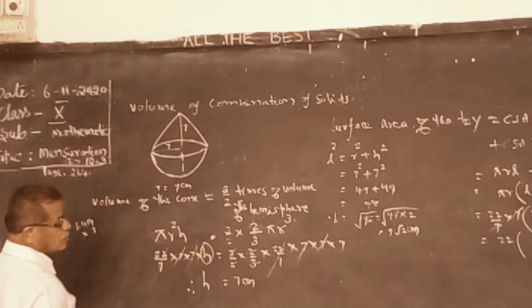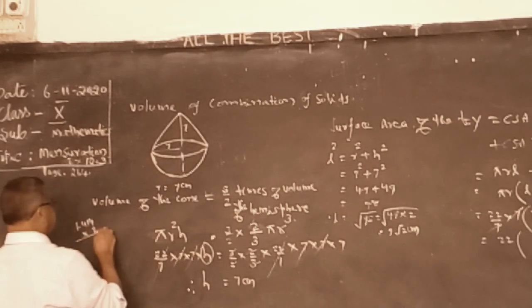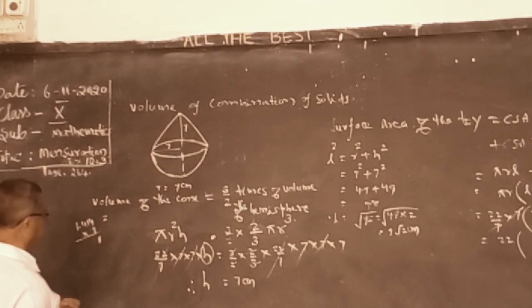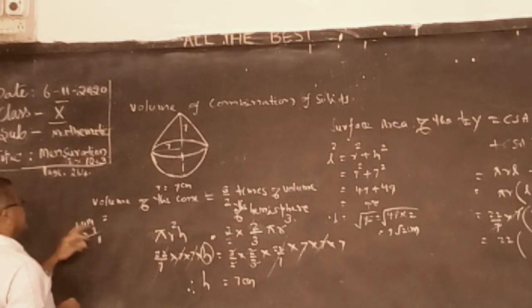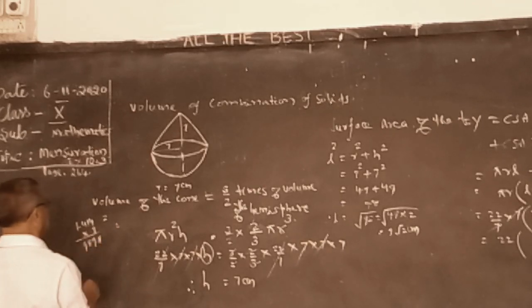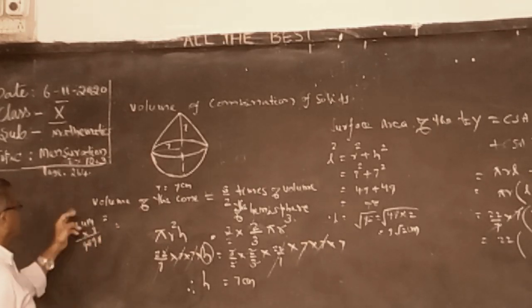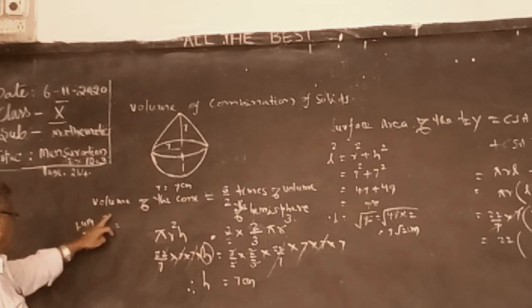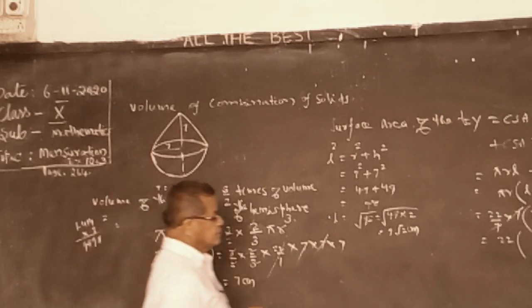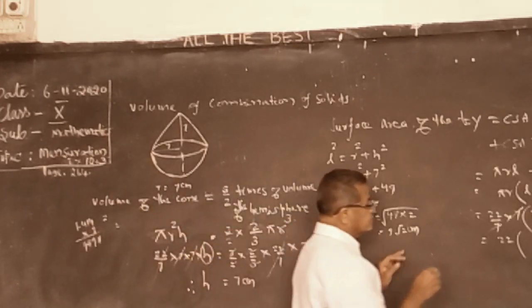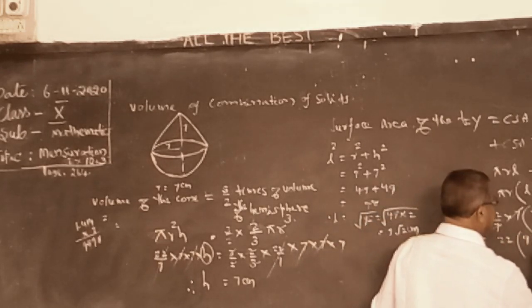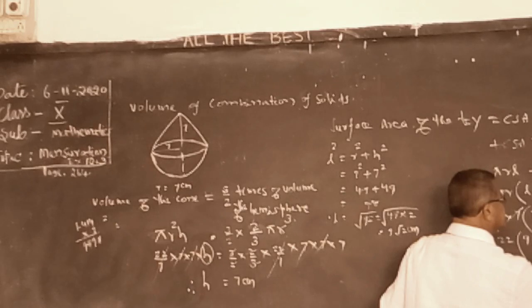Multiply. 7 4s are 28, 7 1s are 7, 7 9s. The decimal is 3 places. This gives 9.898, plus 14.